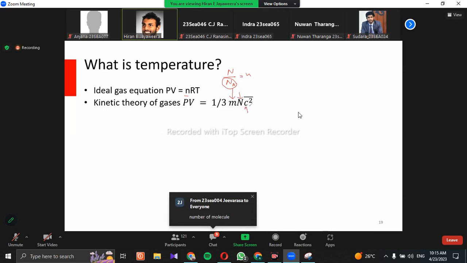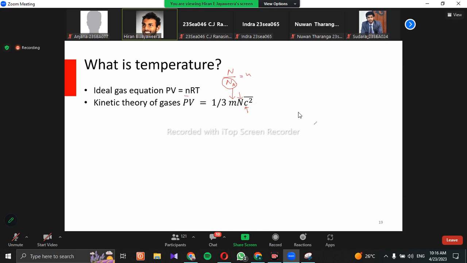So then, what is C here? It's not the velocity of light, right? Usually we use C for the velocity of light, but here C represents the velocity of the molecule. When you have a system, the molecules are moving in random directions with different velocities, V1, V2, V3, V4.